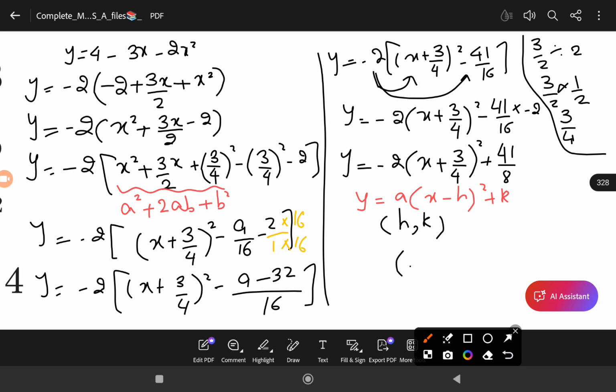So h is negative 3 over 4, as I told you that if it is negative you make it positive, and for k, we have not much problem. If k is negative, keep it negative. If k is positive, keep it positive. So minus 3 over 4 and 41 over 8 is the turning point coordinates.